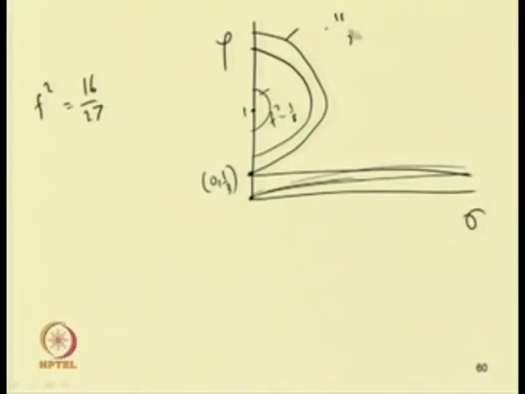With further increase, by taking a higher value of sigma, that is, f square nearly equal to 32 by 27, we can have a branch like this.